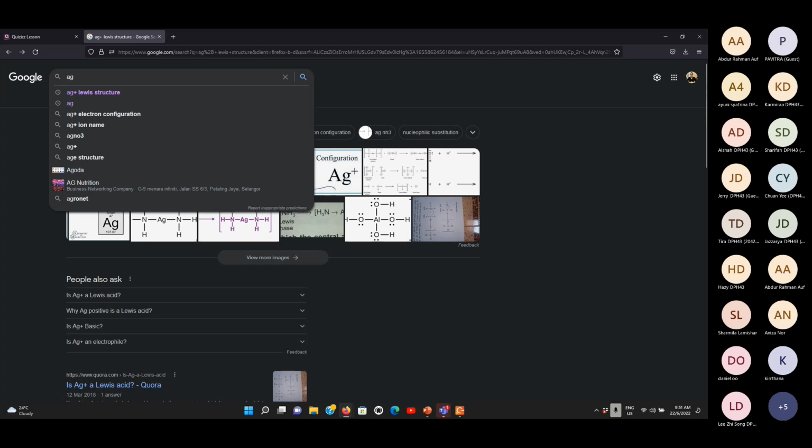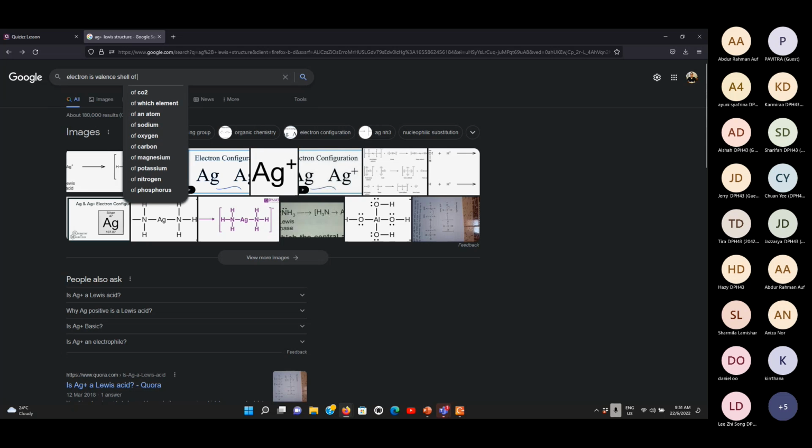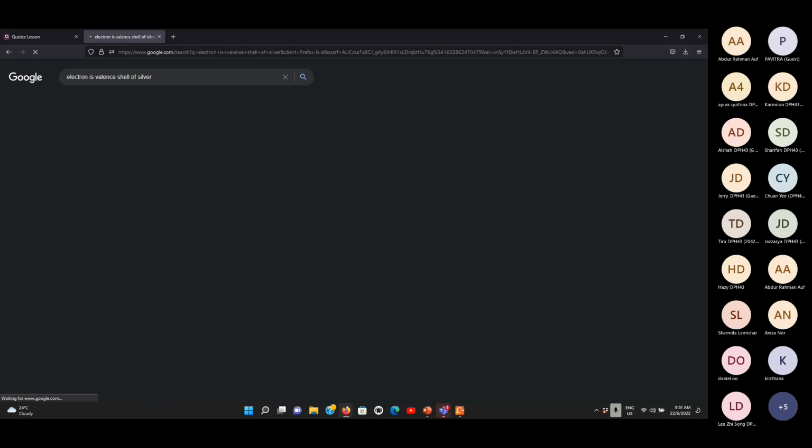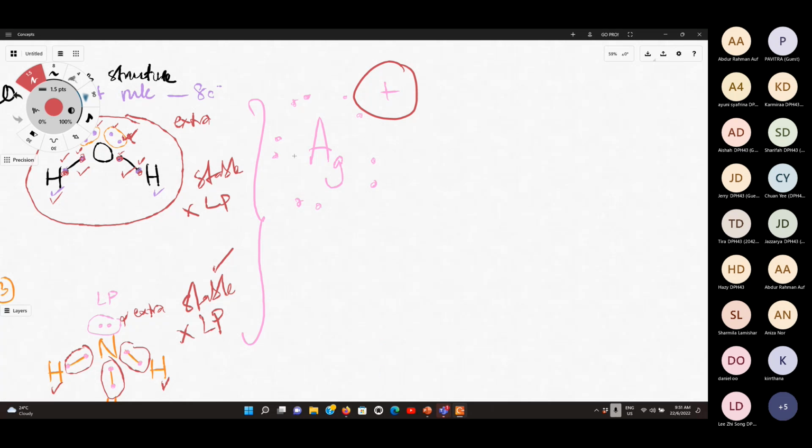Silver, electron in valence shell of silver. So tengok sini dia duduk dalam orbital D. So dalam orbital D dia boleh hold as much as 10 elektron. So that's why kalaulah dia dah ada lebih daripada 8 pun dia masih lagi positif.